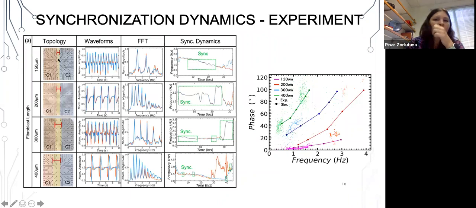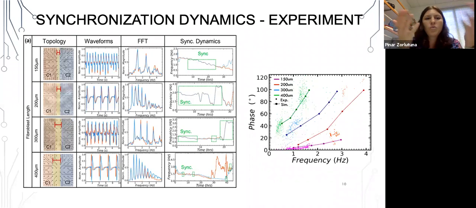So these are the experimental results for different width separations of two beating clusters that are, in this case, very primitively fabricated, just to see what would be the correct width of fibroblast insert that would give us enough resolution in terms of the phase differences that we are getting from these two beating clusters of cardiomyocytes as they start to synchronize.